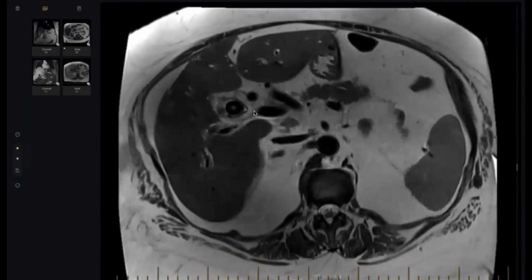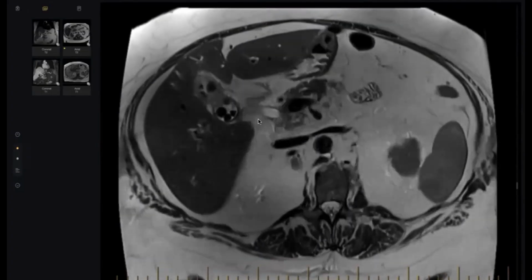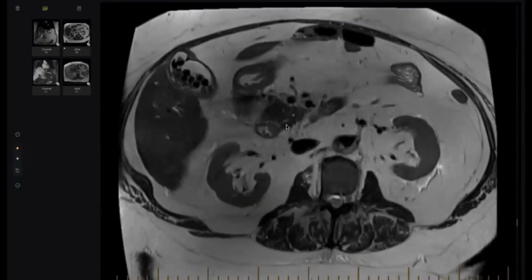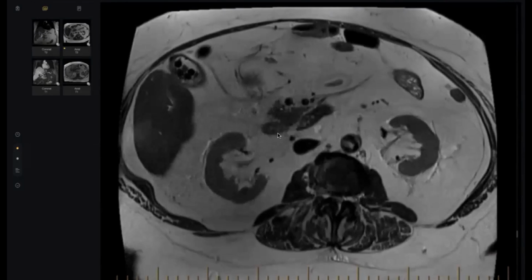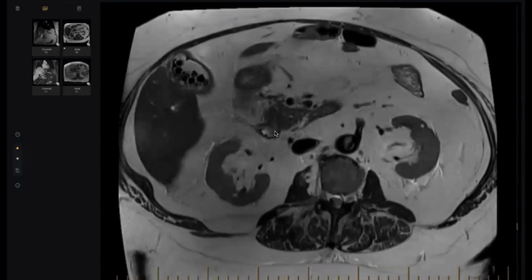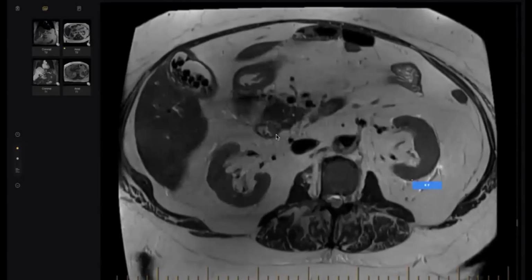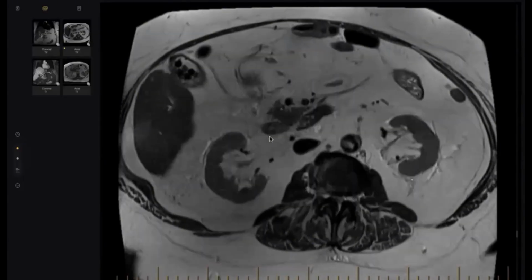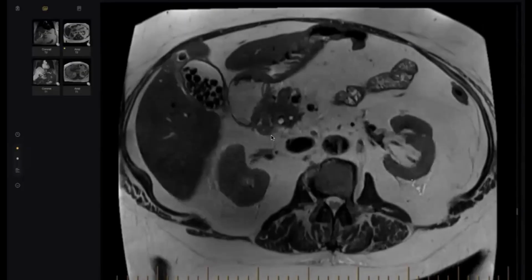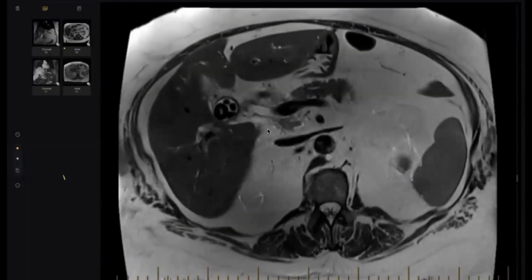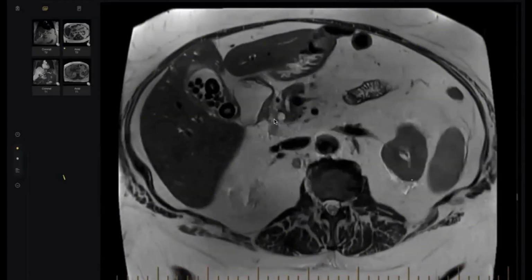All right, I can see that there is a soft tissue intensity lesion seen in the ampullary, periampullary region, which is seen causing an abrupt cutoff, and above it there is dilatation of the CBD.